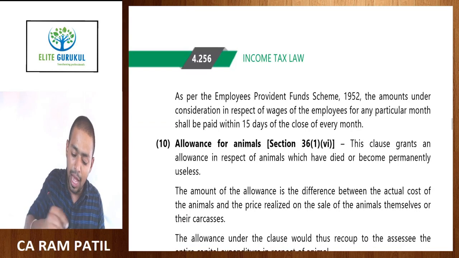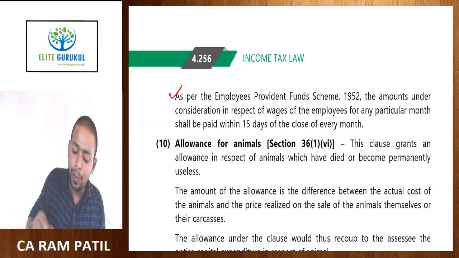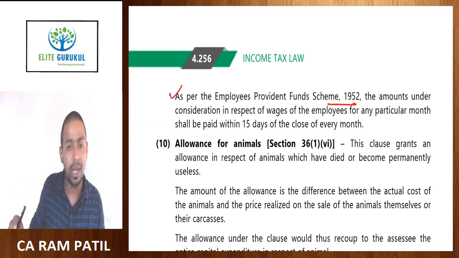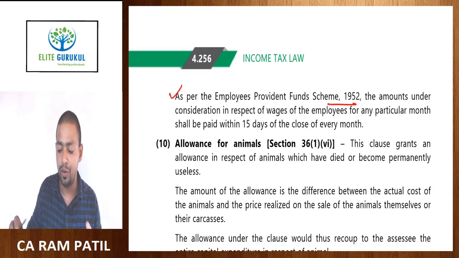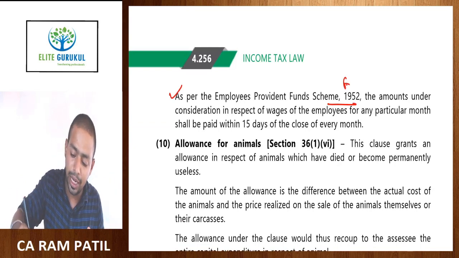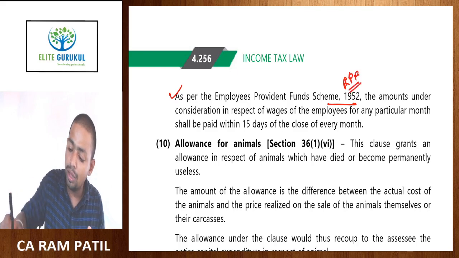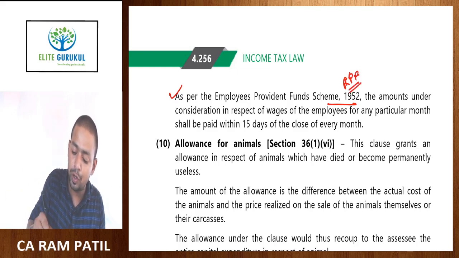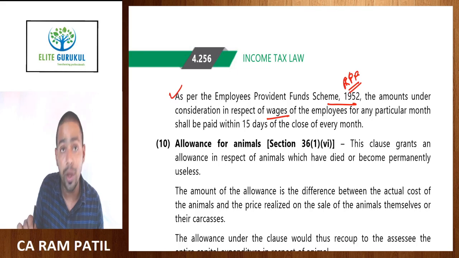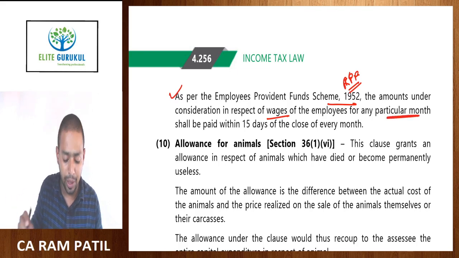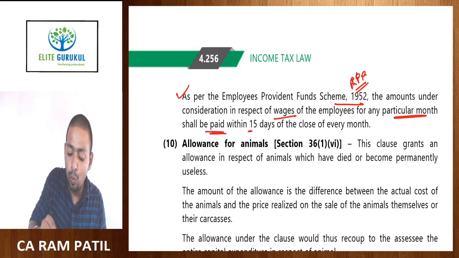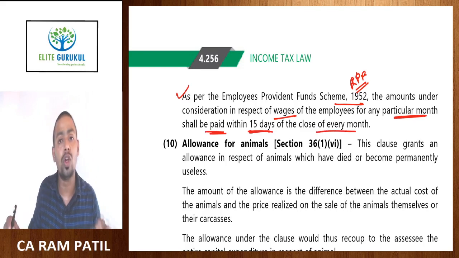For example, as per the Employees Provident Fund Scheme 1952, which is a recognized provident fund, the amount in respect of wages of employees for any particular month shall be paid within 15 days of close of every month.